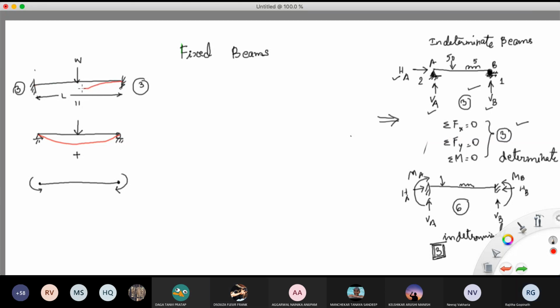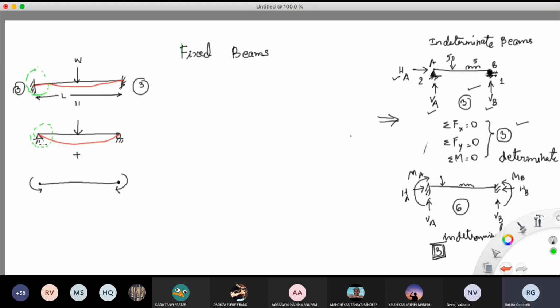So this area of the beam and this area of the beam are deflecting in a very different way.